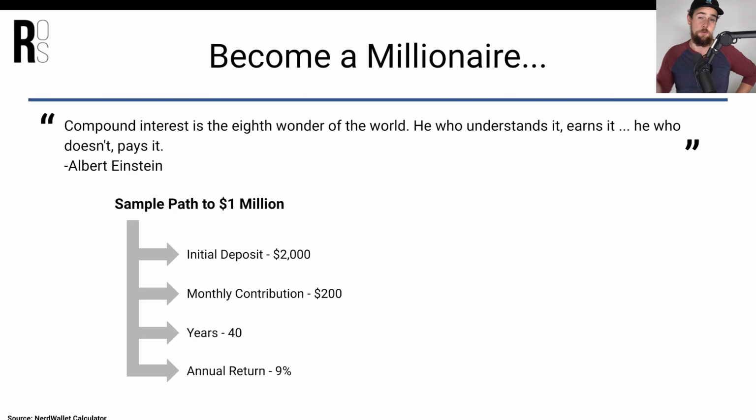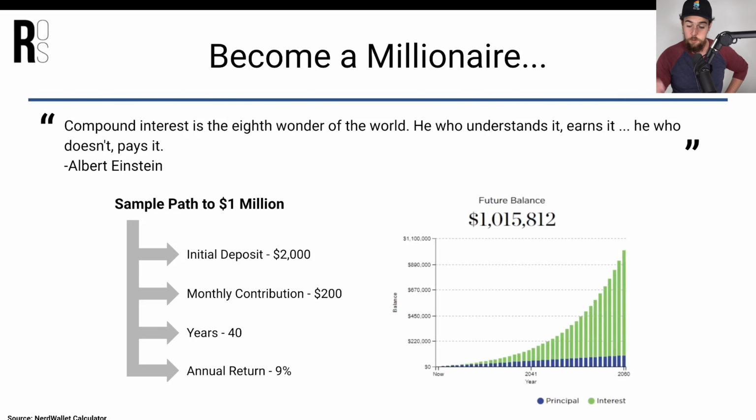Assuming you have an average return from the market of 9% and you do this for 40 years, you would literally end up with a $1 million account just from investing $200 every single month and an initial investment of $2,000. It doesn't take a crazy amount of money to build up a $1 million portfolio. It just takes a lot of patience and a decent amount of time to allow that money to grow.